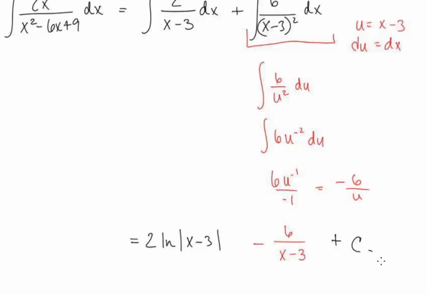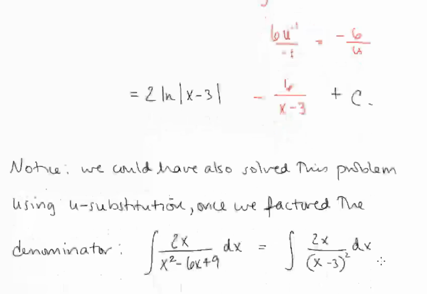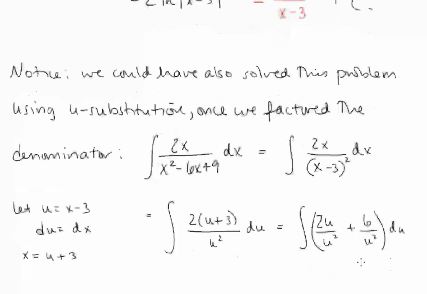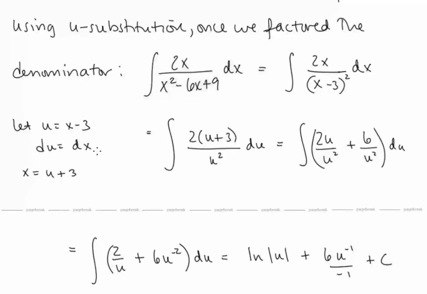Now I want to point out for this particular problem, it is possible to solve this one using u substitution without partial fraction decomposition. So when we factored here and wrote it as 2x over x minus 3 squared, we could let u equal x minus 3. And then du is equal to dx. And so in the denominator we have u squared, here we have du, and in our numerator we have 2 times x.